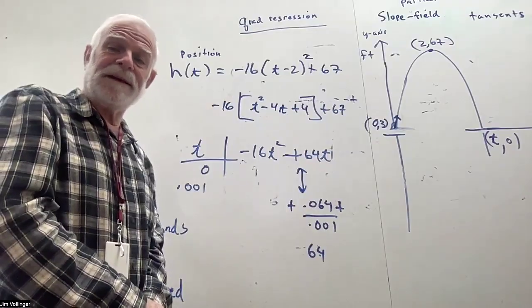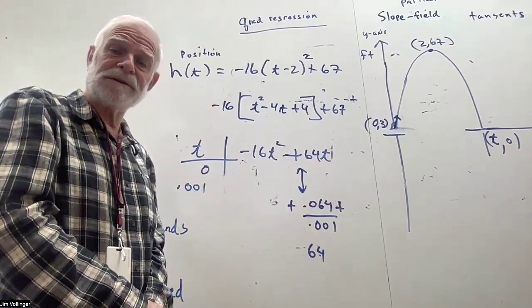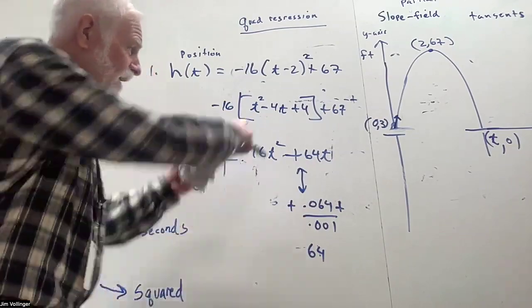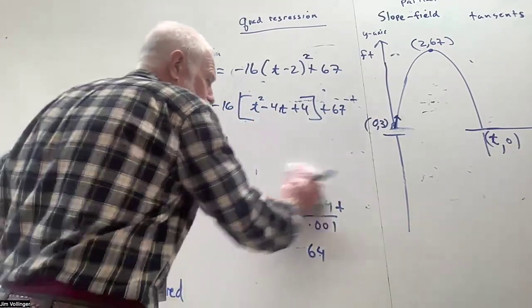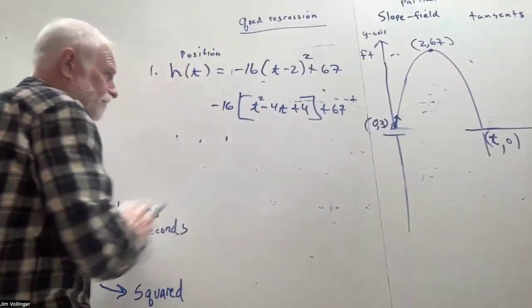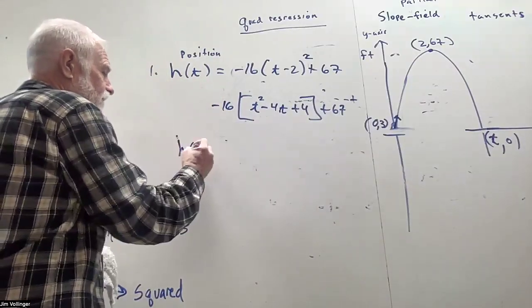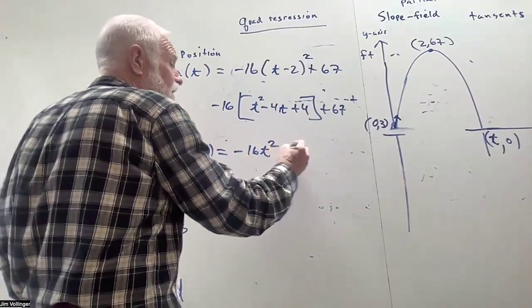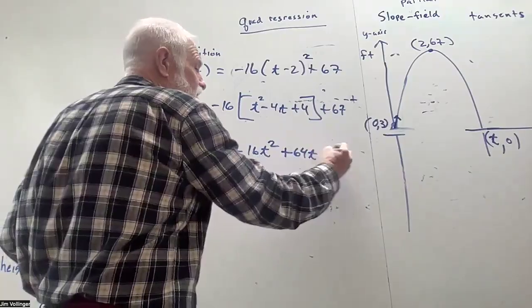Oh, no. Yes, there's a constant force, and you say gravity. You'd be right. Well, let's expand this further and see what materializes. H of t becomes minus 16t squared plus 64t plus 3.